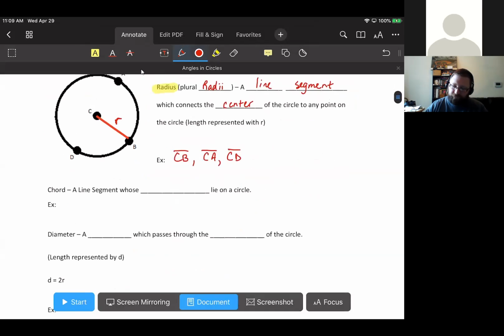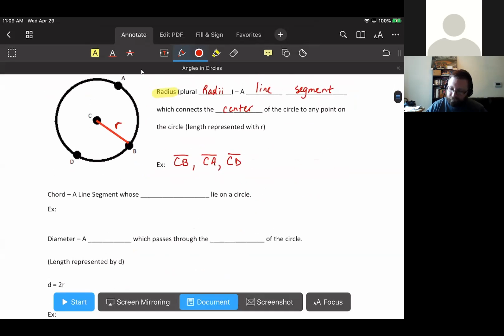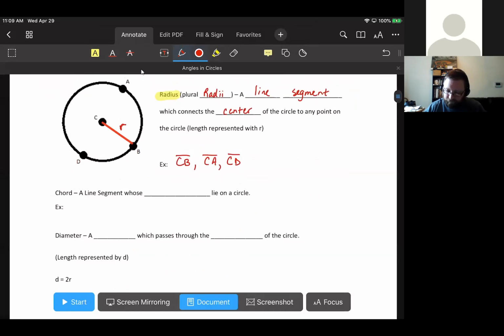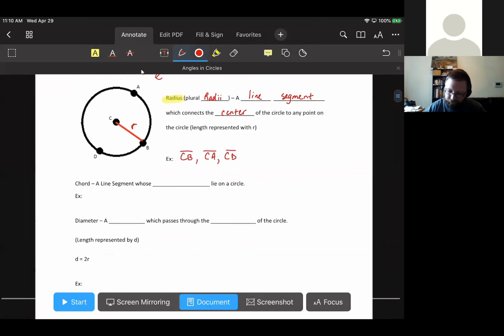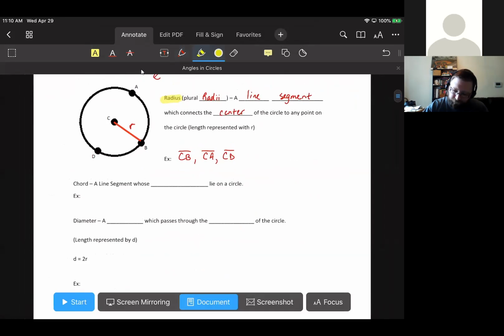Okay, so in addition, we've got two other words we need to discuss here. Make this a little bit smaller so that everything I want fits on the screen. There we go. First word is the word chord, which we have introduced, but we have not done anything with. Remember, that is a line segment whose endpoints lie on a circle. So for instance, line segment AB would be a chord.